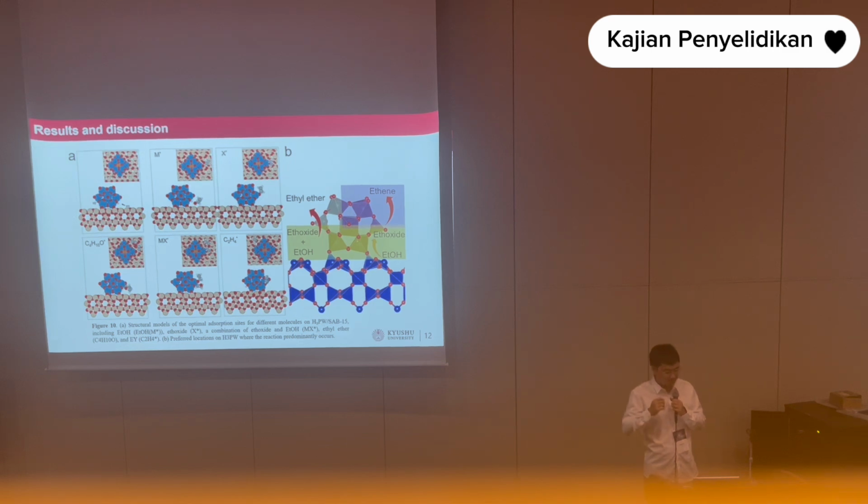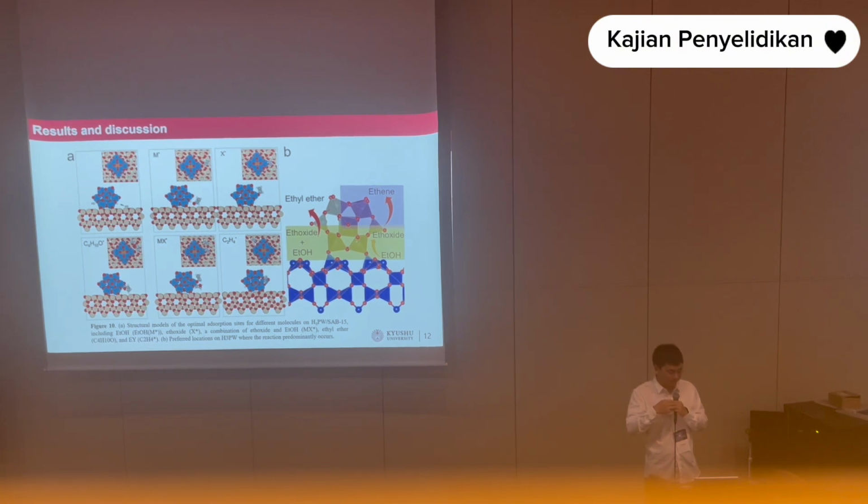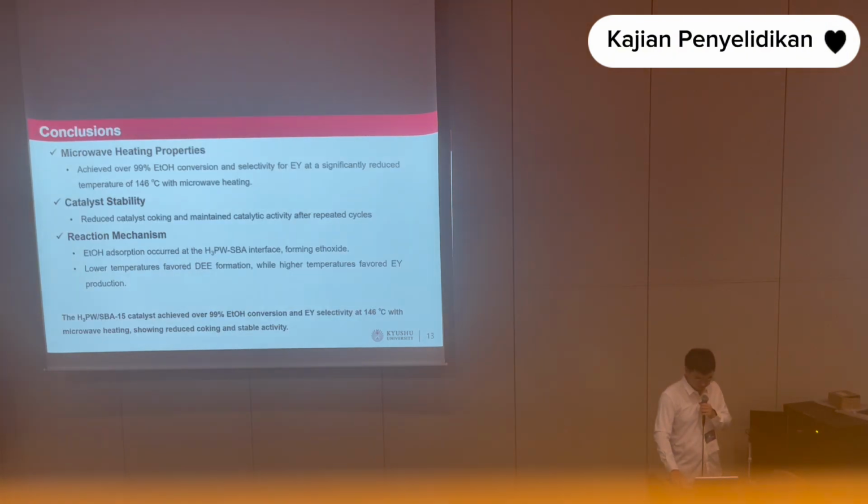So in this case, we can control it after we put the HPW onto the SPA 15 surface. It is easier to dehydrate the water at the interface and release the products at the top outer edge. So in this work, we used HPW doped in SPA 15 and achieved a high conversion rate of ethanol and high selectivity to ethylene at a low temperature compared with conventional heating.